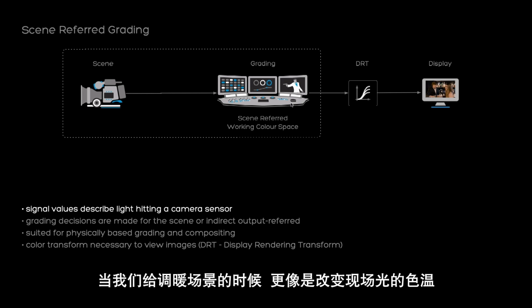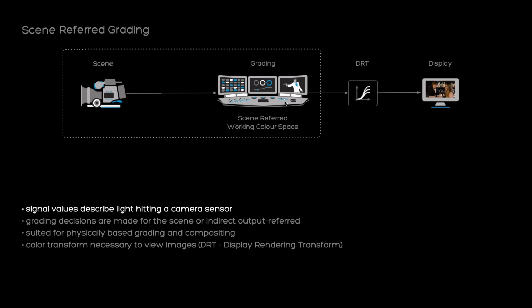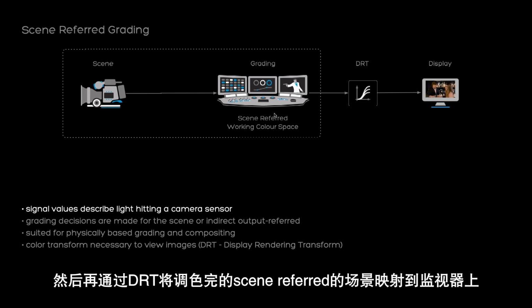So when we are grading a scene warmer, it's more like changing the color temperature of the light on set in scene referred grading. And then we're processing that graded scene referred image onto a given display through the DRT.